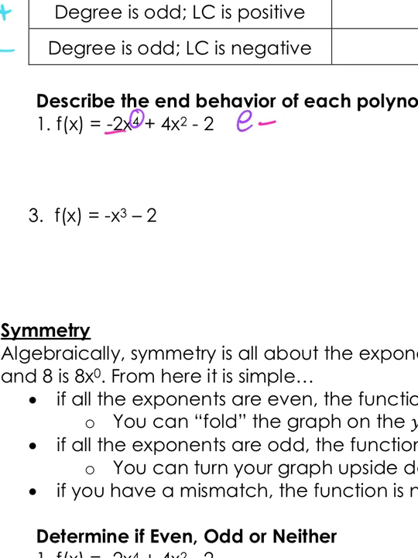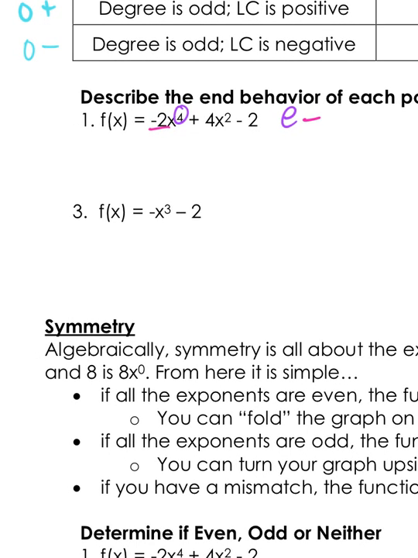I can either go back to my chart and try to figure that out, or I can remember that E means they move in the same direction, and the minus tells me that my right side is going down. Since they're the same, the left side is also going down. Now, this is probably going to be some familiar notation to you.